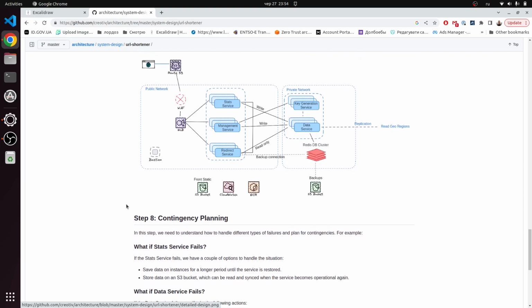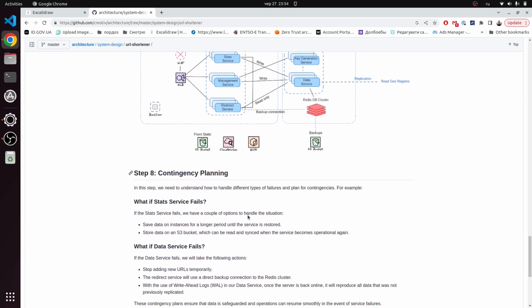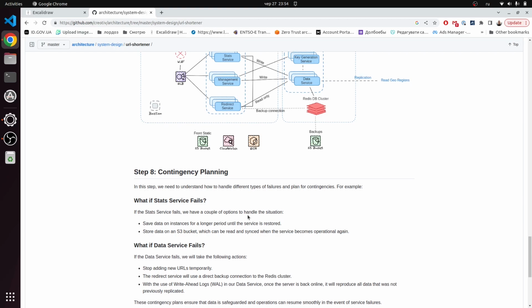After that, you will need to do contingency planning, and that's the thing that many architects and developers for some reason don't do. I don't know why, because it's a crucial thing for every system design and architecture.